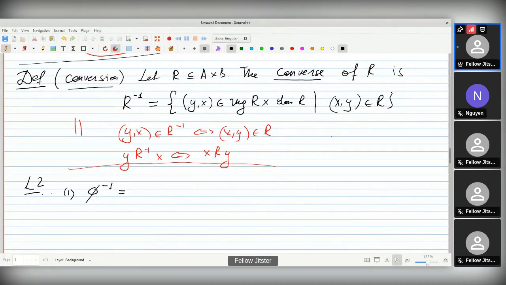The result is the empty relation. Exactly. What if I take all possible pairs between A and B? What if I convert them? The result will be B times A.